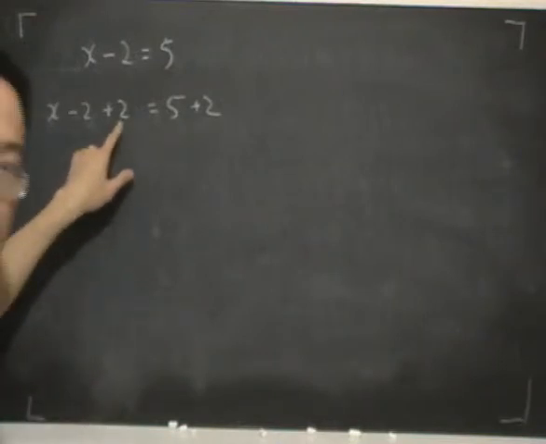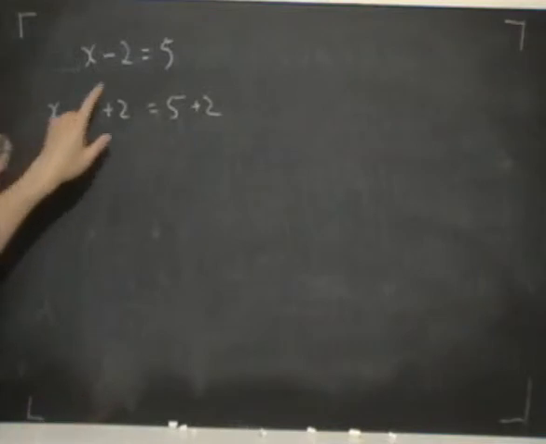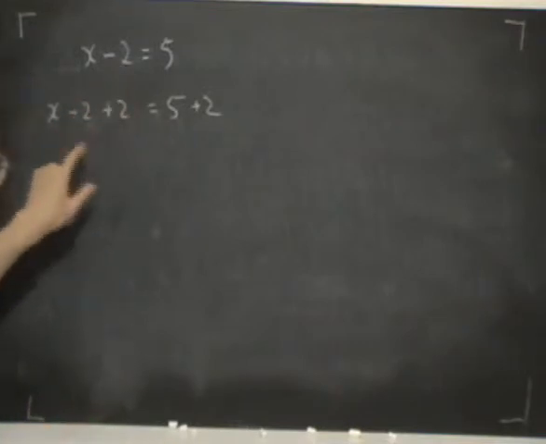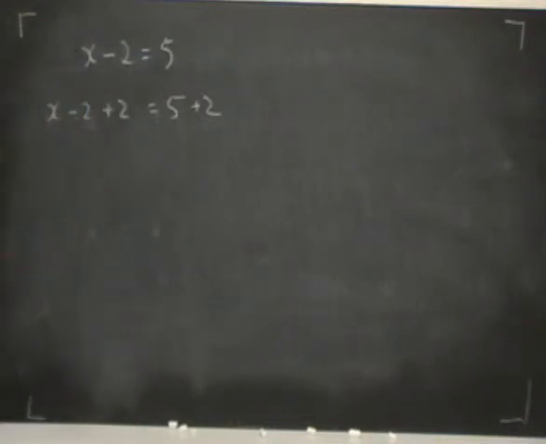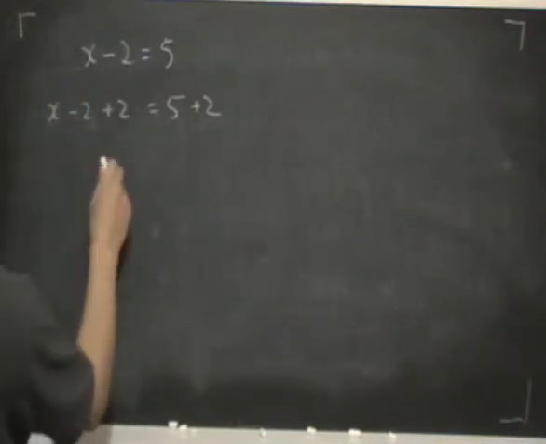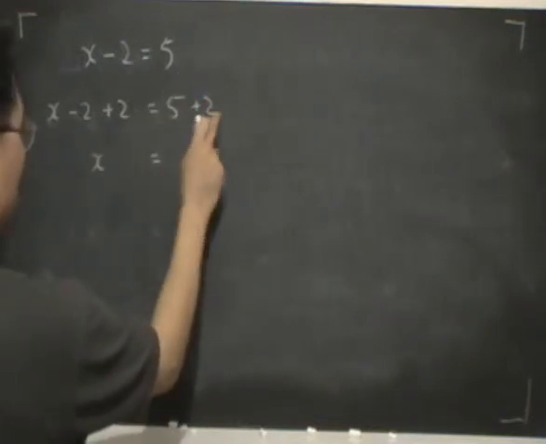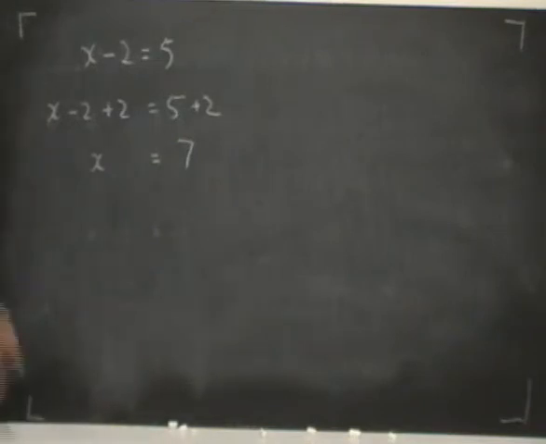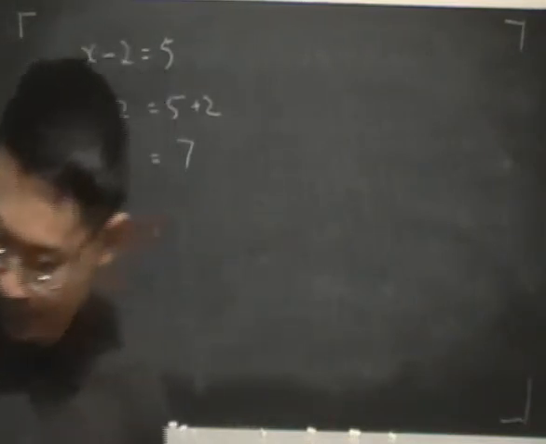The reason why we add a 2 is because we have a minus 2 at first. So if we add minus 2 to 2, you'll get 0. They will cancel. So on the left side we have just x, and on the right side we have 5 plus 2, which is 7. So there we get our answer.